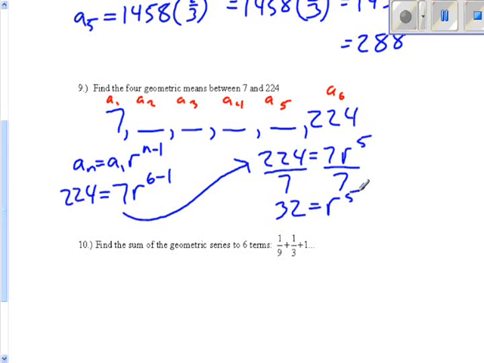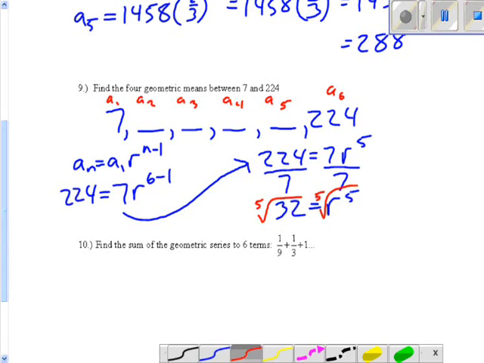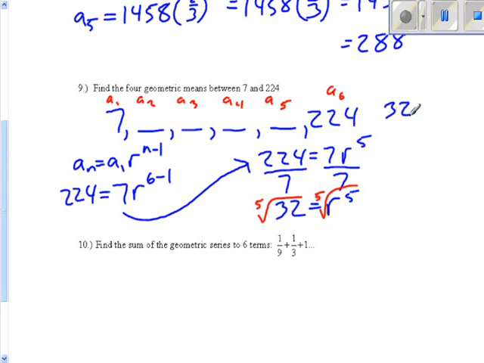Now in order to solve this, I've got to take the 5th root of each side. Remember, to take the 5th root on our calculator, it's the same as doing 32 raised to the 1/5 power. So we end up with r equals 2. So we're multiplying by 2 each time, so that means it's going to be 14, 28, 56, 112, and then 224. Alright?